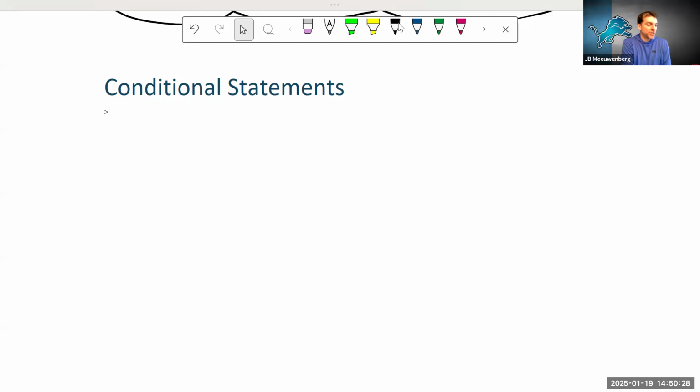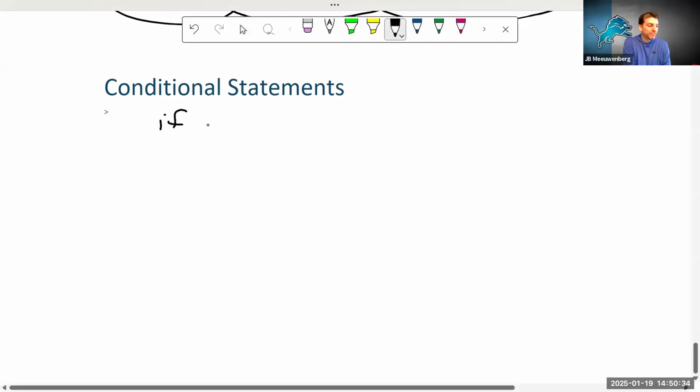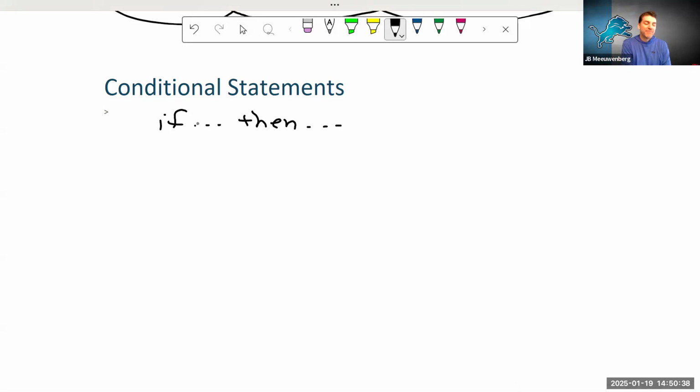In many situations, those come in a very certain form, what we call if-then statements. That's what we call conditional statements, an if-then statement. The if part is what we call the hypothesis.